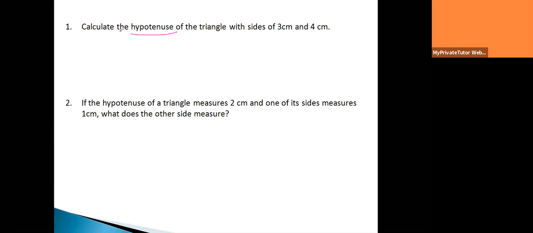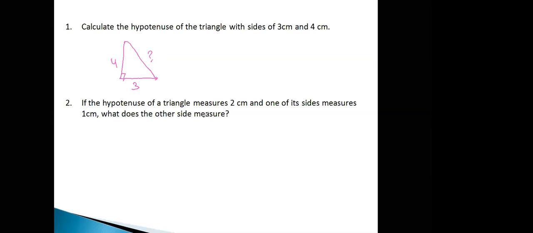Iris, please use the Pythagoras theorem formula and find it. If you want me to draw the triangle quickly, this is what they gave: 3, 4, what is this value? I'm calculating. How much did you get?